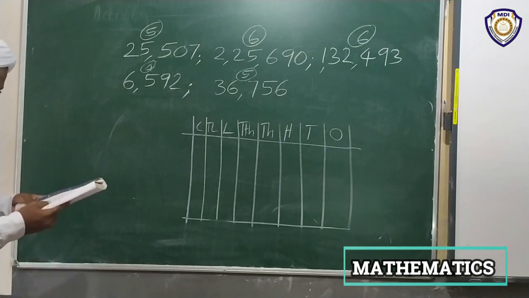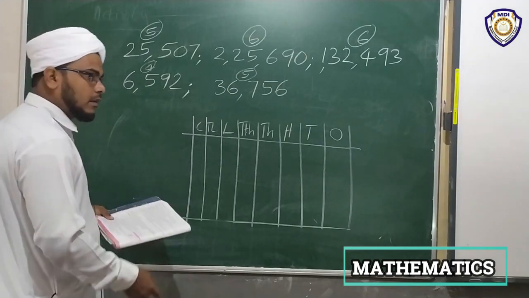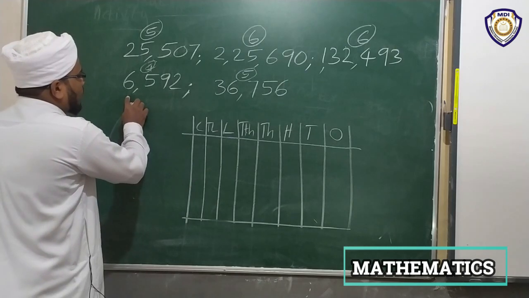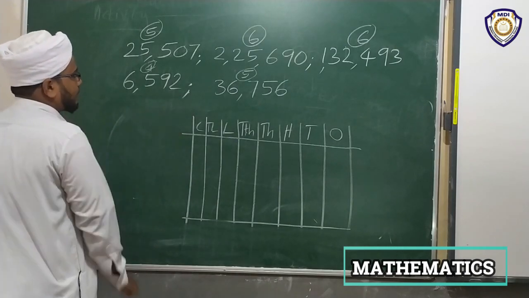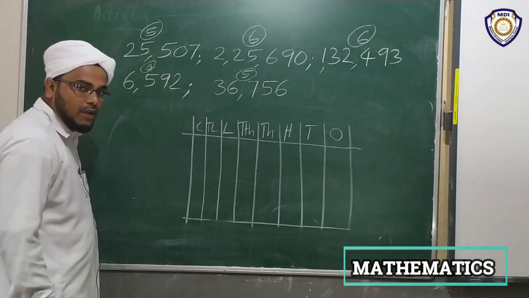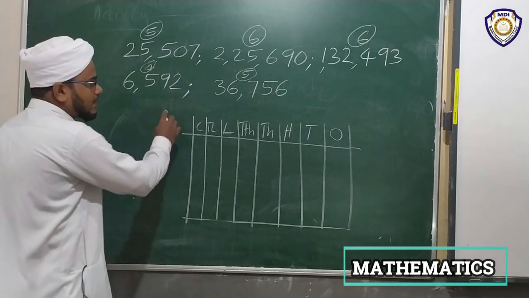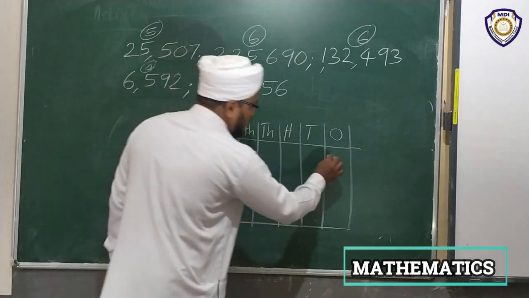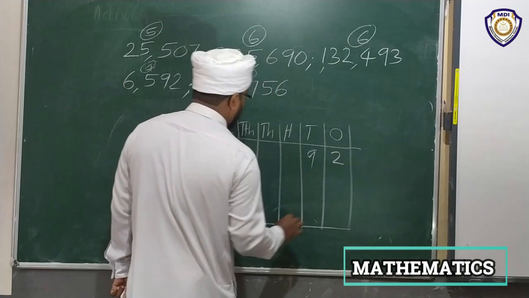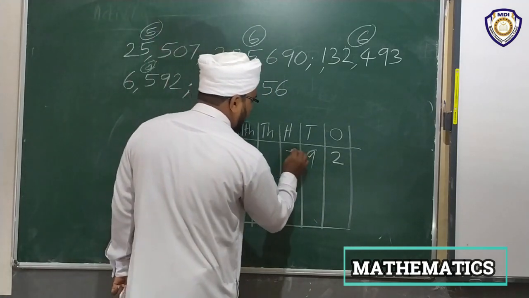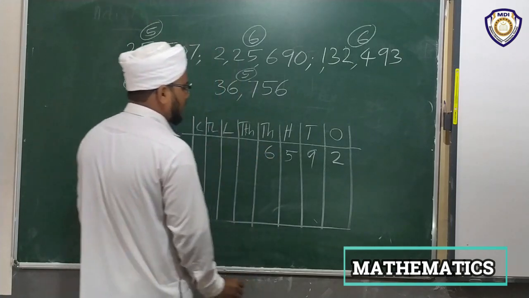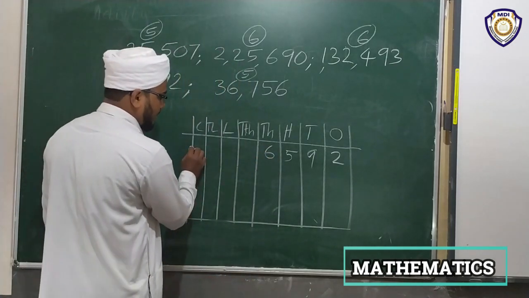Then first we take this number. We write this 2 at the place of ones, then 9 at the place of tens, 5 at the place of hundreds, and 6 at the place of thousands.